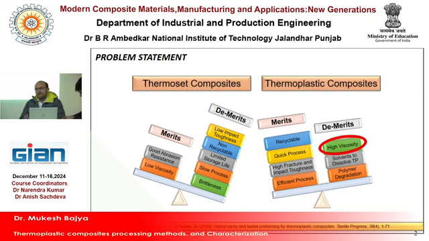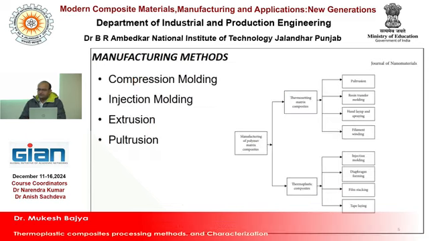These are the different manufacturing techniques which we will cover one by one: compression molding, injection molding, extrusion and pultrusion. I think the manufacturing techniques for the thermoset matrix you have already gone through: pultrusion, resin transfer molding, hand lay-up techniques, and filament winding. As per your syllabus, this is covered.